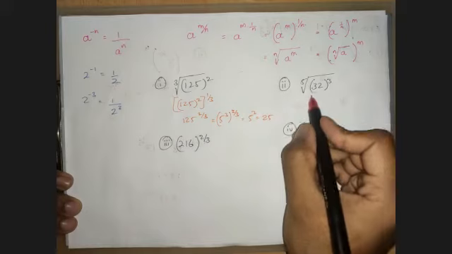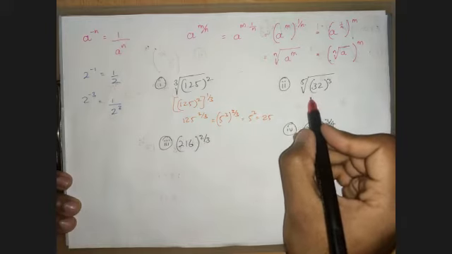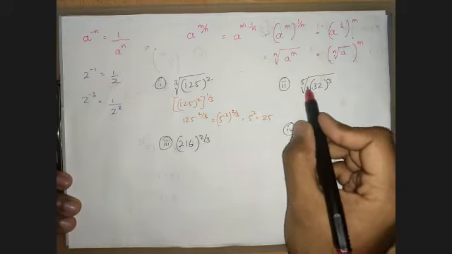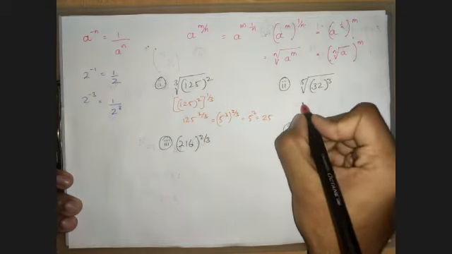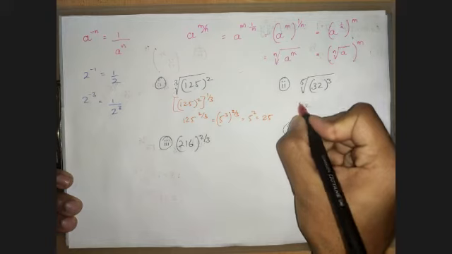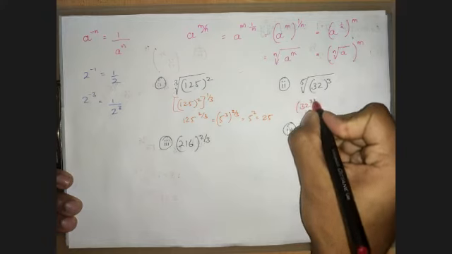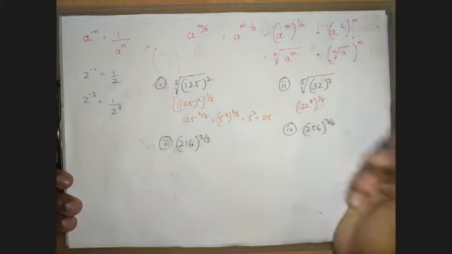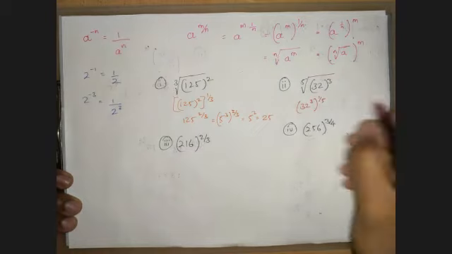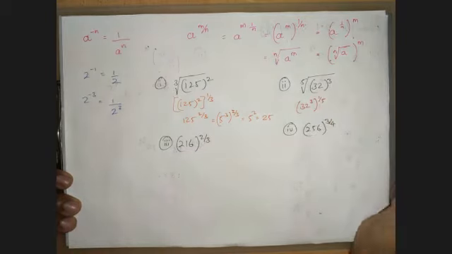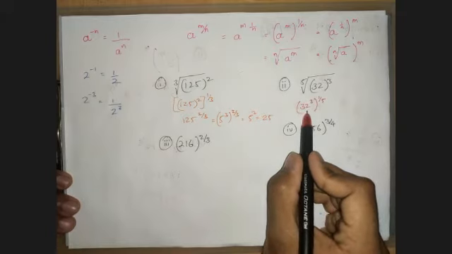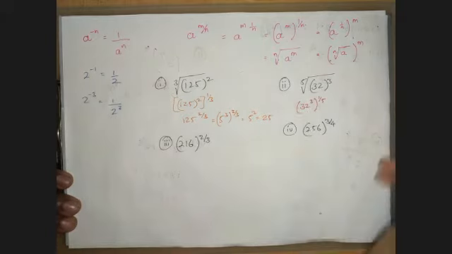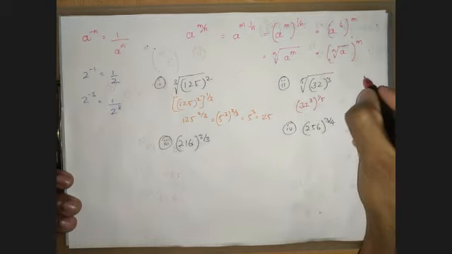So now let us go to the next problem, that is 32 cube under fifth root. Okay, so this fifth root can be written as power 1 by 5. Here you have to look that 32 is not in its factorized form. So let us factorize 32.